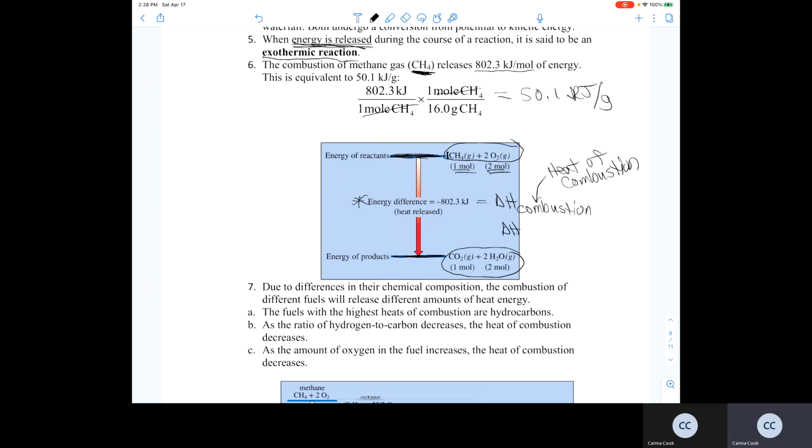Delta H is a term in thermodynamics known as enthalpy. So delta H with the subscript COMB is the change in enthalpy of combustion, or you can simply call it heat of combustion.